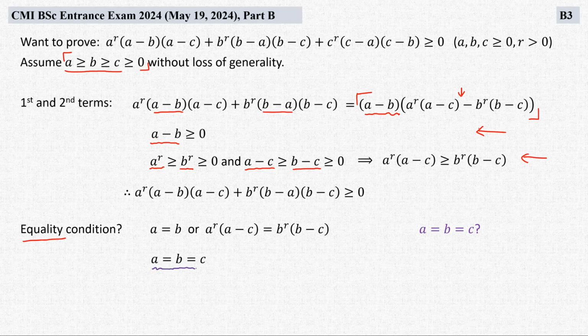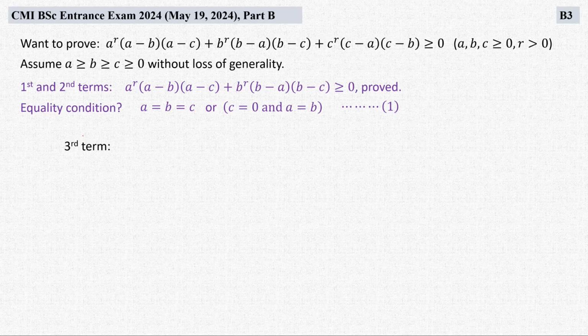When a equals b equals c, both a minus c and b minus c are 0. But they don't necessarily have to be 0. You see, under the assumed ordering, another possibility is when c equals 0 and a equals b. So 0 here, and this times this is equal to this times this. So this is the equality condition for the first two terms.